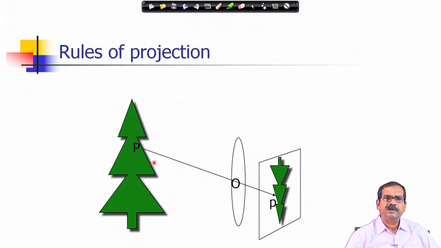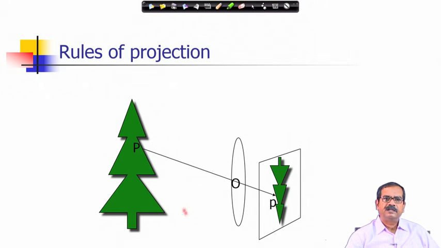Let us look minutely once again at the rule of projection that I mentioned here, and that provides you a very simple mathematical tool to compute, given a point P in the three-dimensional world, what should be its corresponding image point in a two-dimensional plane.